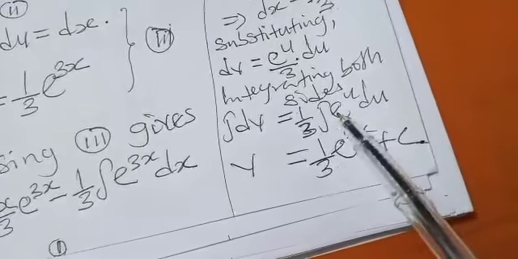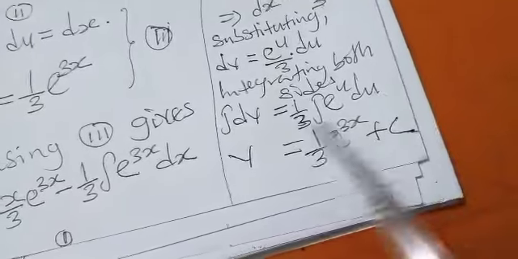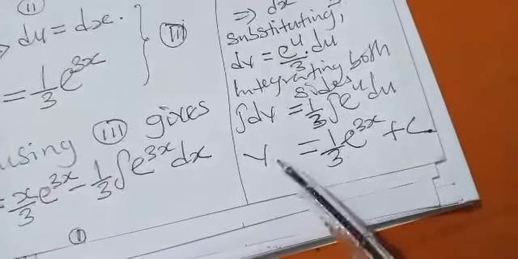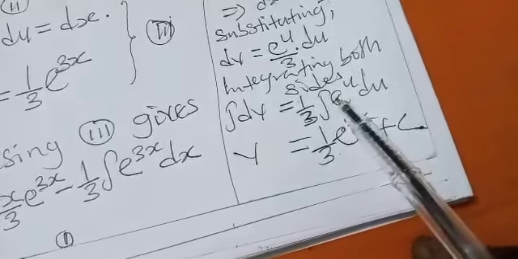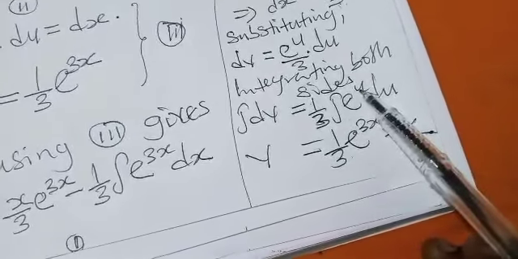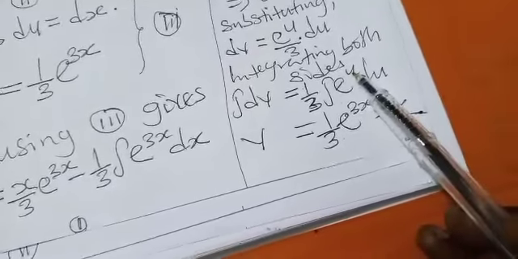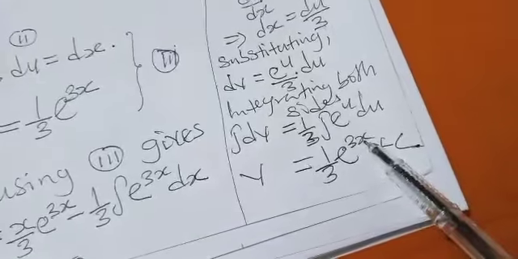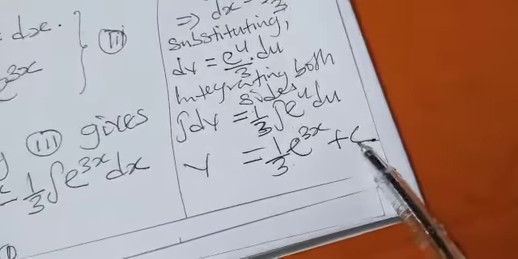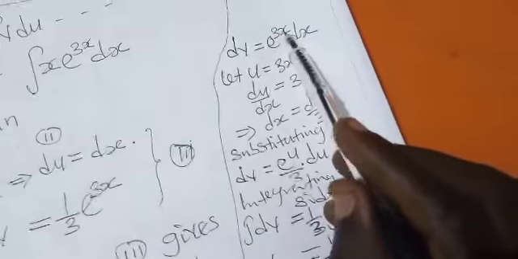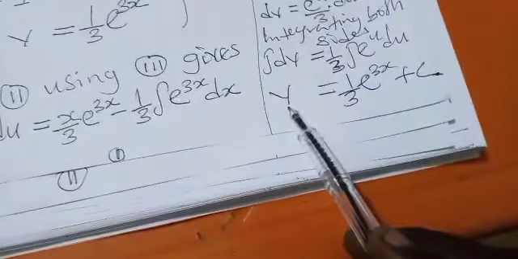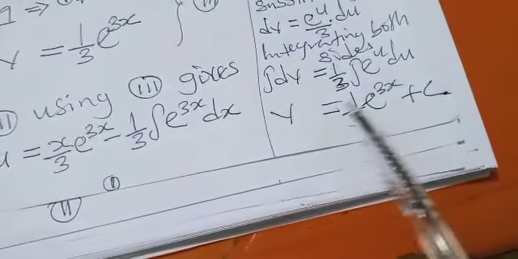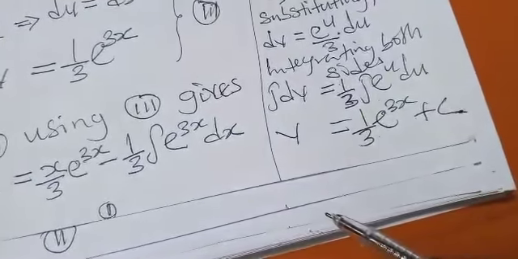We bring it out, integral exponential u du. And integral dv is equal to v. Integral exponential u is exponential u, and u is 3x, so my result is 1 over 3 exponential 3x plus c, where c refers to the constant of integration. So if dv equal to exponential 3x dx, the answer after integration is v equal to 1 over 3 exponential 3x plus c. So that's how we got this result.